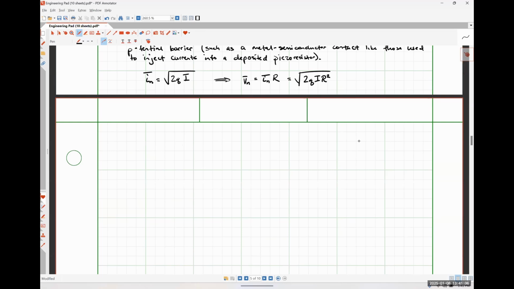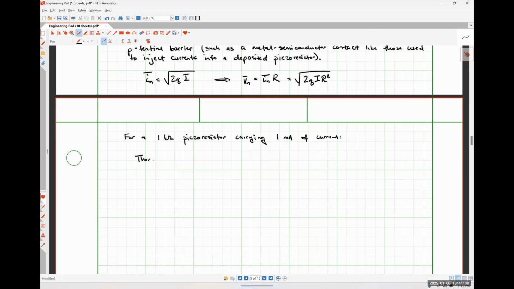Okay. So for example, let's say that we have a 1 kilo ohm piezo resistor carrying 1 milliamp of current. Okay.